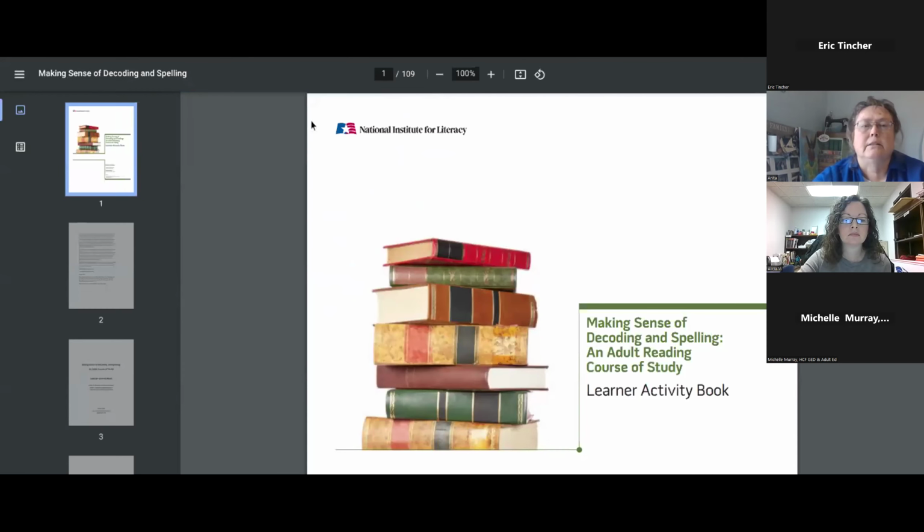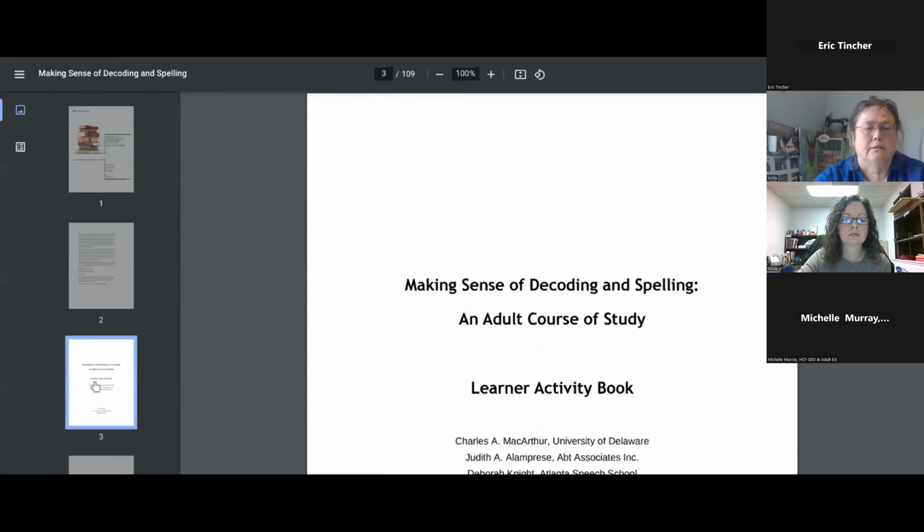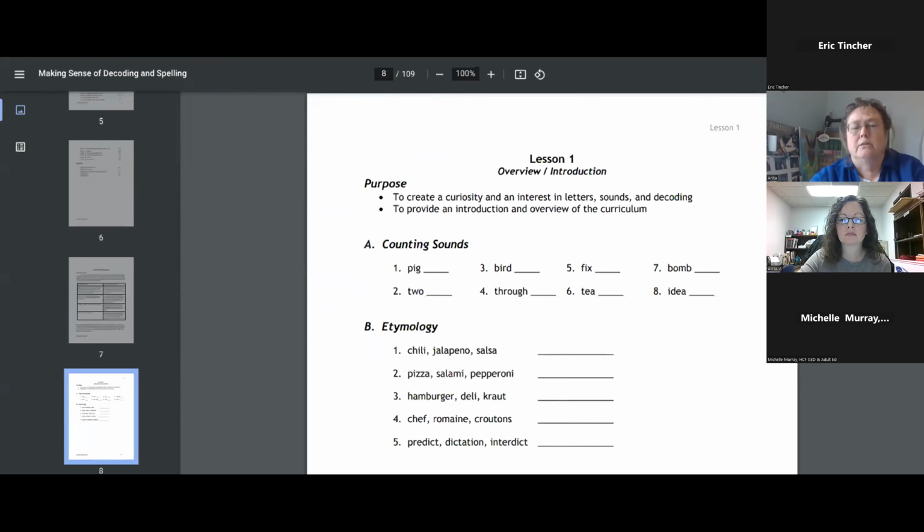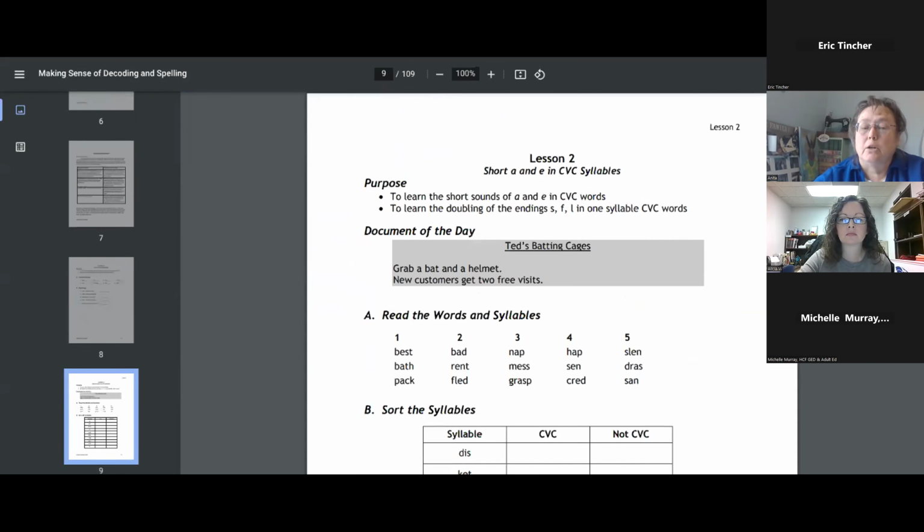It basically has 32 lesson plans on alphabetics. And it breaks it down because when you did your diagnostic assessment, there were particular patterns that you noticed. So you could ignore the patterns that you do not need to teach your students and just concentrate on the ones that they do.